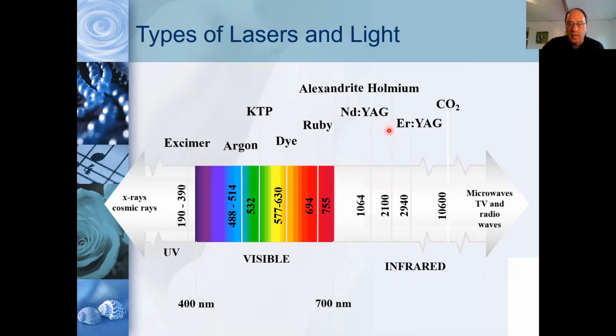Here's two others, and then I'll get off of this page and get to some more practical stuff. Here's another garnet that physicists developed and coated with something else, and that is what we call an erbium YAG laser, and that's attracted to water. So if you use an erbium YAG, the wavelength is 2,940 nanometers, and that wavelength finds water in the epidermis and heats up the water and cuts the skin.